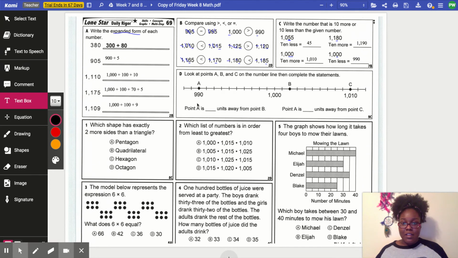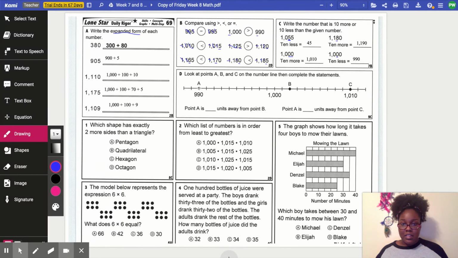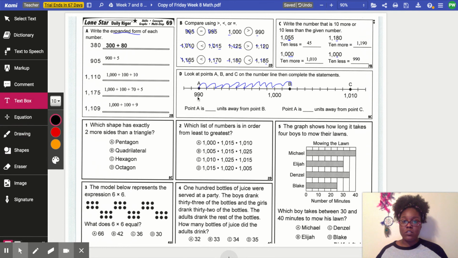So I'm going from A to B. Let's count how many. 1, 2, 3, 4, 5, 6, 7, 8, 9, 10, 11, 12. So point A is 12 units away from point B.